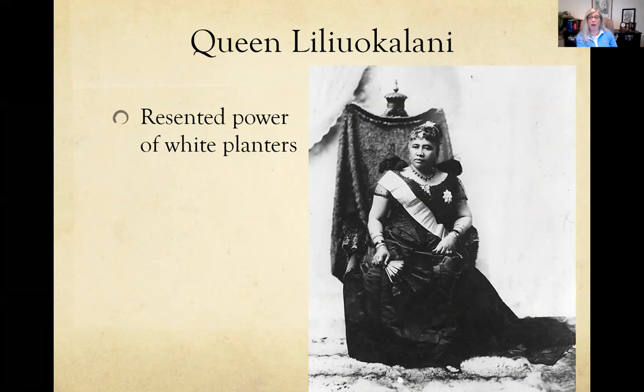And she was very, very upset with white power, the planter class that was in Hawaii. They had actually started taking political control in Hawaii as well. And she was very, very resentful of that, and was no longer going to allow these Americans to control politics there. And so she is a problem for them.